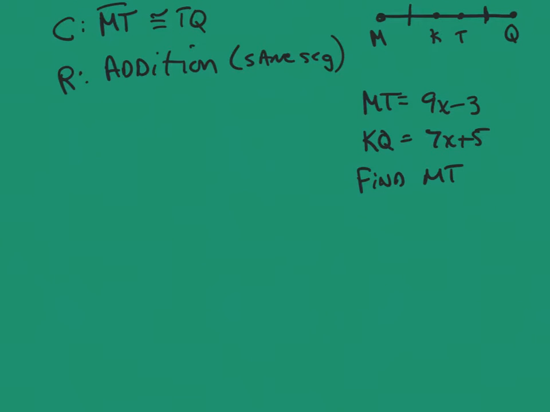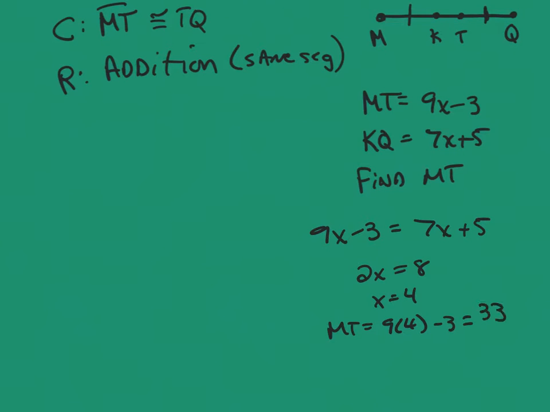Since MT and KQ are congruent because of our conclusion, we can set those two expressions equal: 9x minus 3 equals 7x plus 5. Doing some quick algebra, 2x equals 8, so x equals 4. To find MT, it's as simple as plugging in: MT equals 9 times 4 minus 3, which is 33.